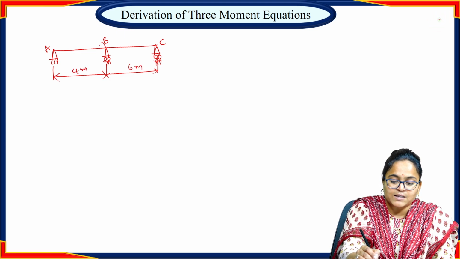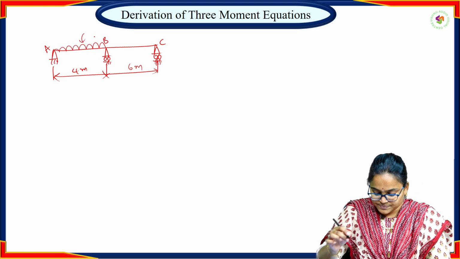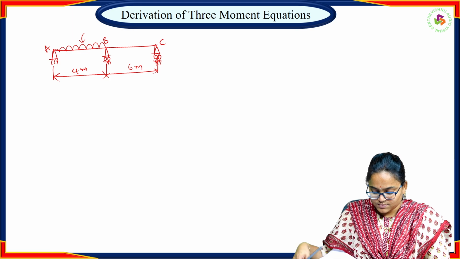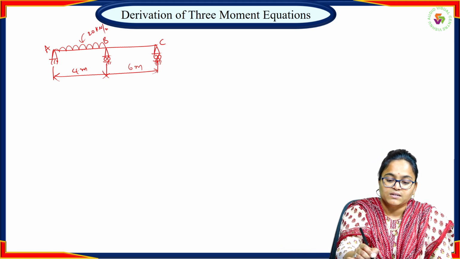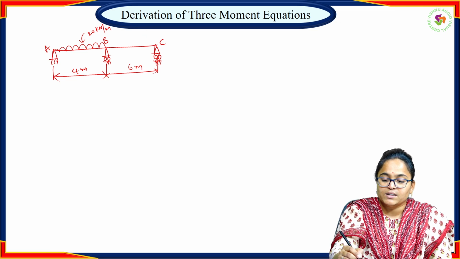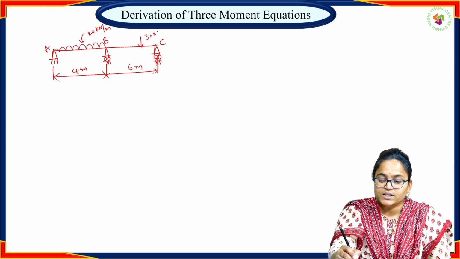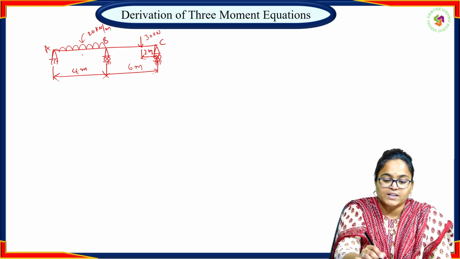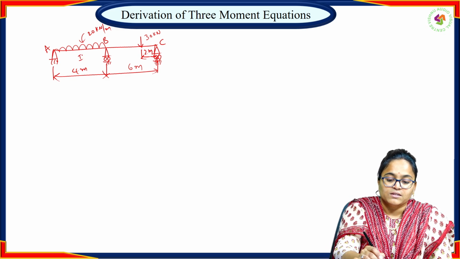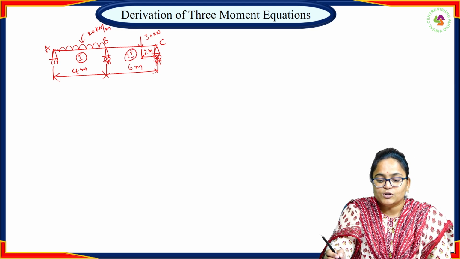Now AB is subjected to a UDL of 20 kilonewton per meter and BC span is subjected to a concentrated point load of 30 kilonewtons at 2 meters from C. Now moment of inertia of AB as I and moment of inertia of BC as 2I.